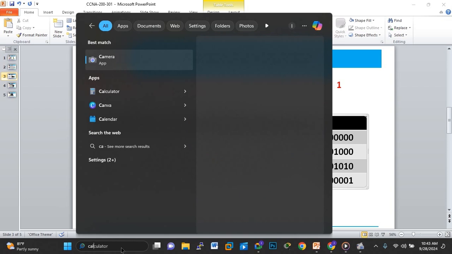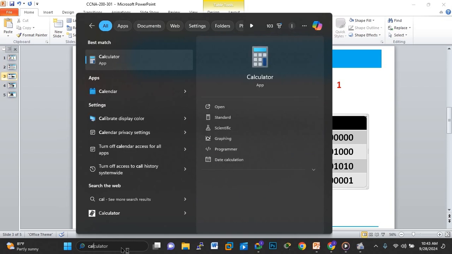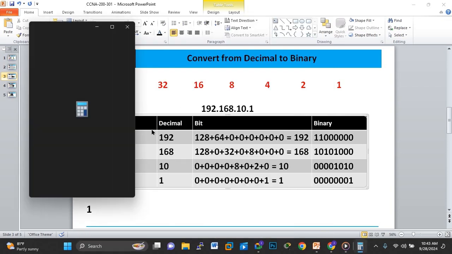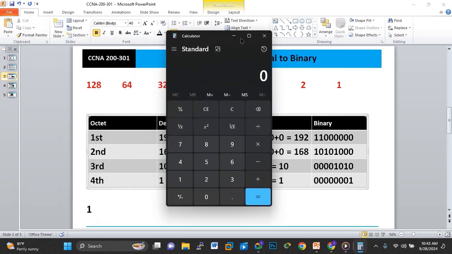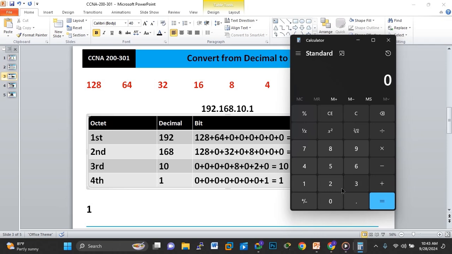Let's just use our calculation for you guys to see. Fine. So now let's take an example. Let's add 128 plus 64.